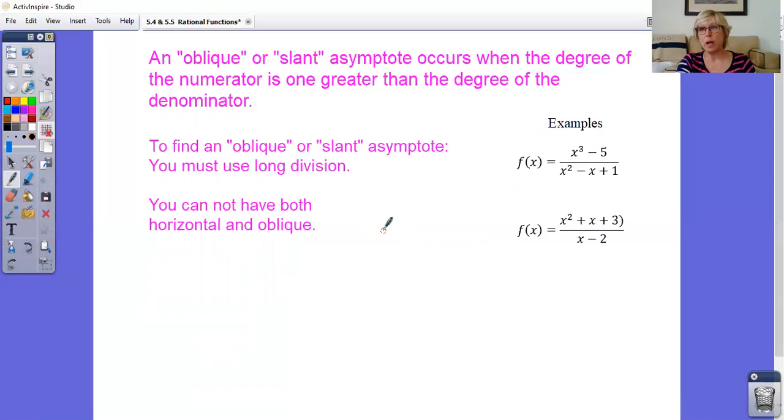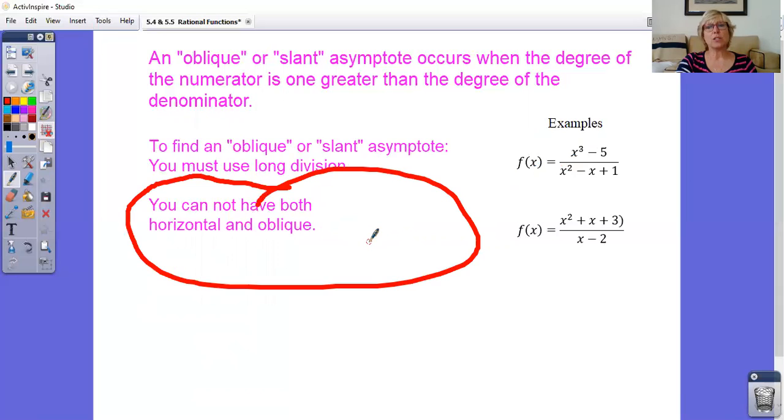Just too much is going on in our lives right now. So I kind of crossed that out of the homework and the quiz. And just remember, you cannot have a horizontal and an oblique. Okay, so sometimes they'll ask you, is there an oblique? And you have to say, if the top is greater than the bottom, yes, there is an oblique. But you're not going to have to find it for me.